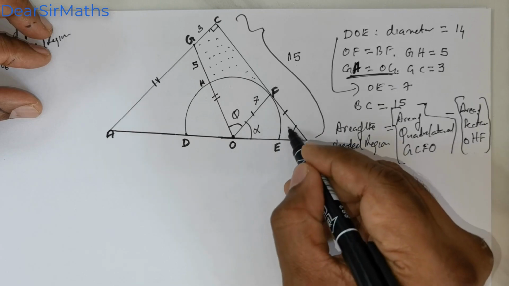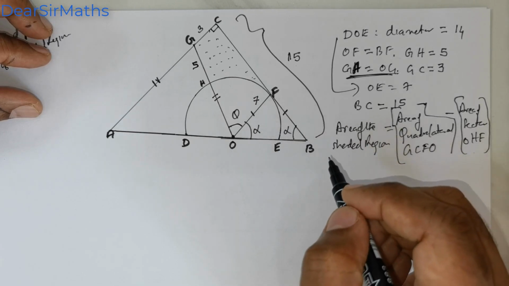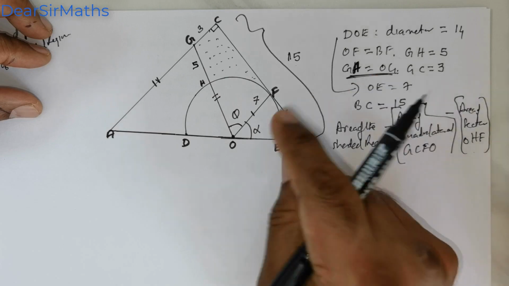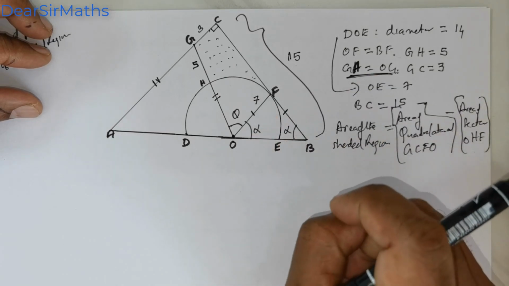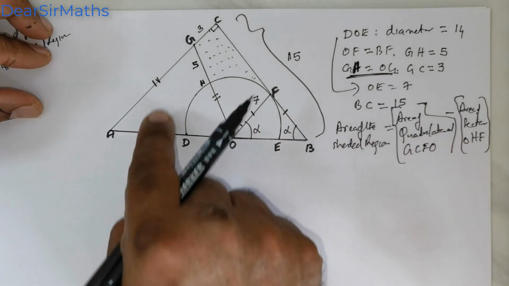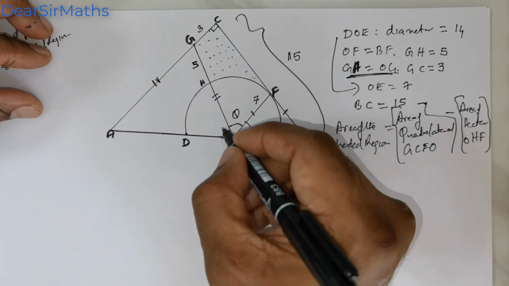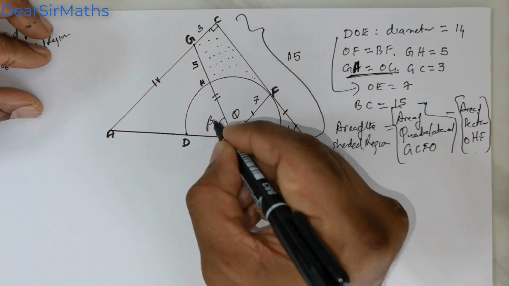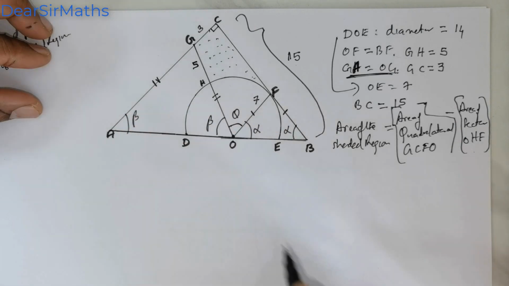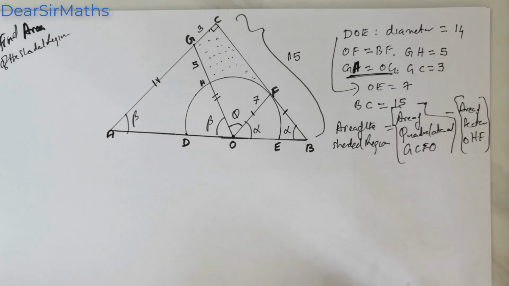So let me take this as alpha, so this will be alpha, right? So that is fine, we got that base angle. And then these two sides are same, so they will be making the same base angle. So let this be beta and let this be beta, right? Fair enough. So we got these values.